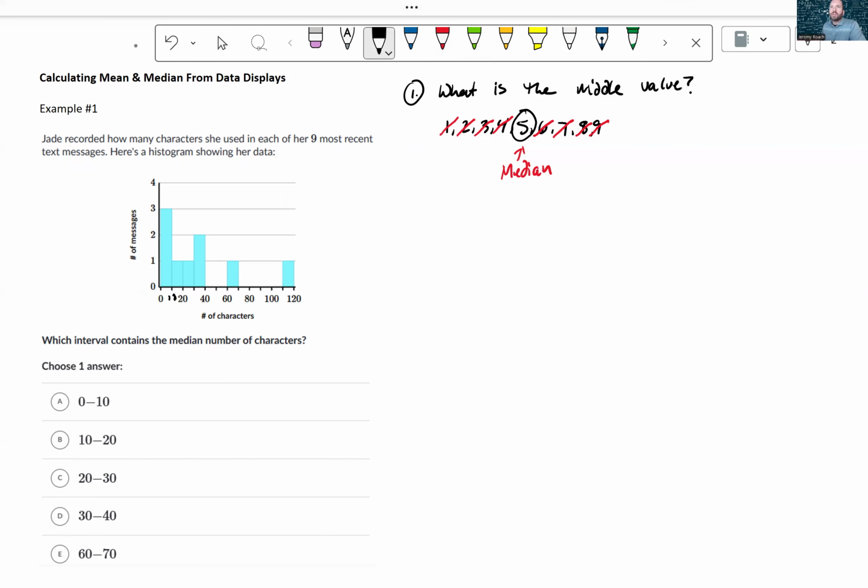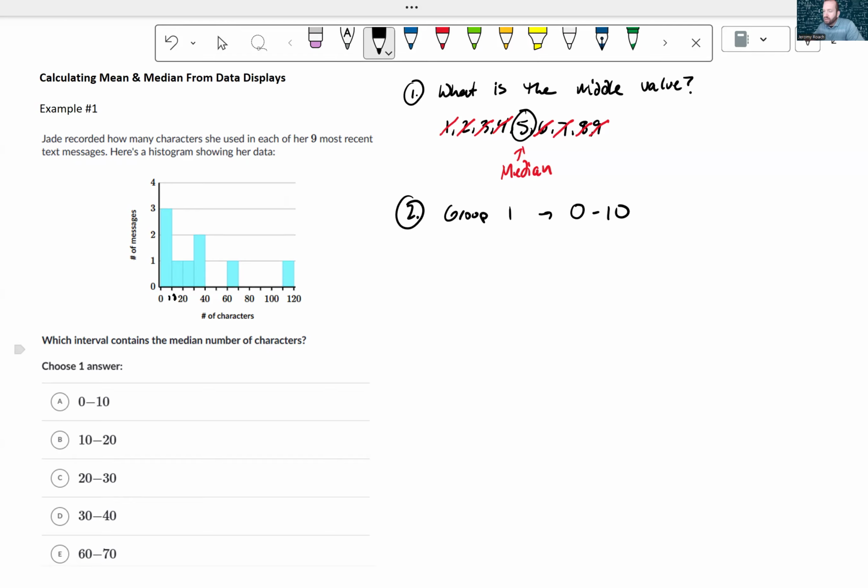Okay. So all this data is listed in sequential order on the histogram. So we are looking for which group corresponds to a total of 5 messages going in sequential order. Let's take a look at what each of these groups are. If we look at group 1, I'm going to say group 1 is between 0 and 10 characters.